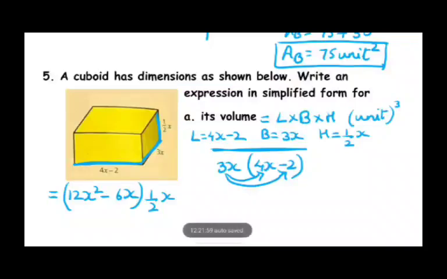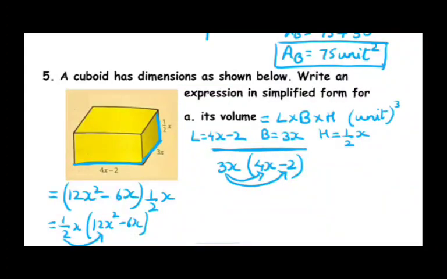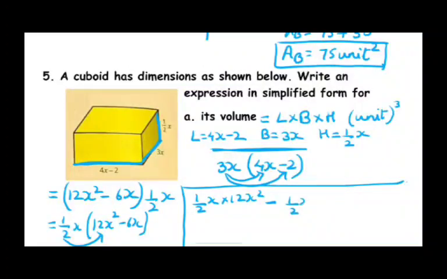For convenience, half x multiplied by 12x square minus 6x. This has to be multiplied by this. So I multiply half x into 12x square, minus half x into 6x.